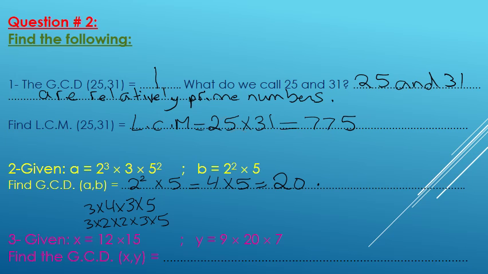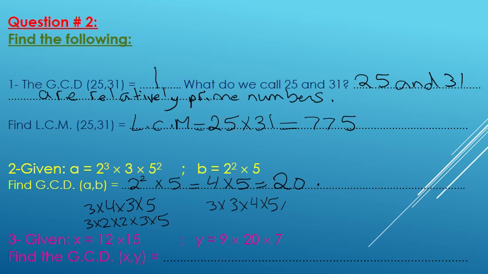Now, y is equal to 9 times 20 times 7. What are the prime factors of 9? 9 is 3 times 3. 20 is 4 times 5. Is 7 prime?